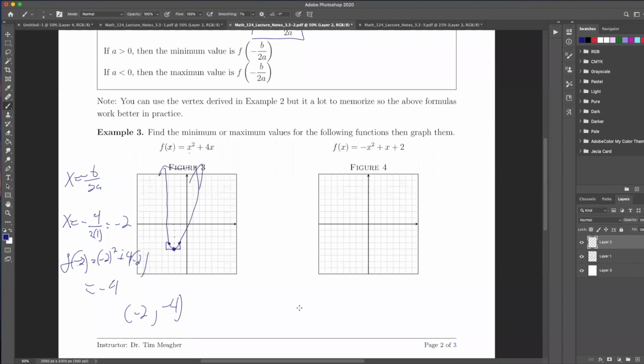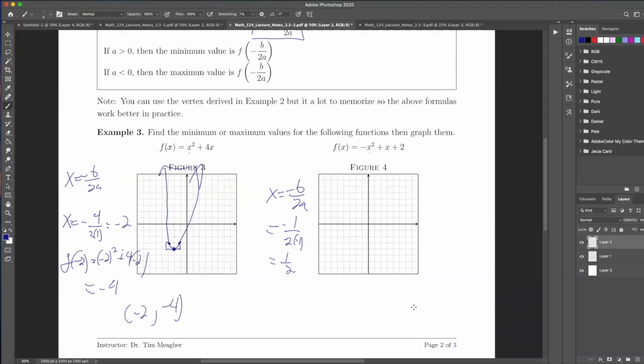Okay. We'll do the same thing here. Here, x is minus b over 2a. In this case, b is 1, so minus 1 over 2 times negative 1, so negative 1 over negative 2. So this occurs at a half.